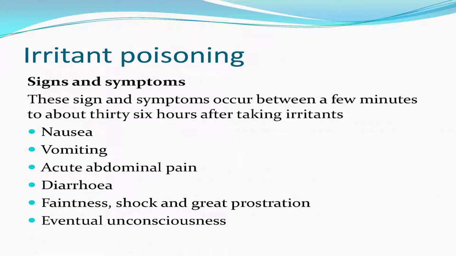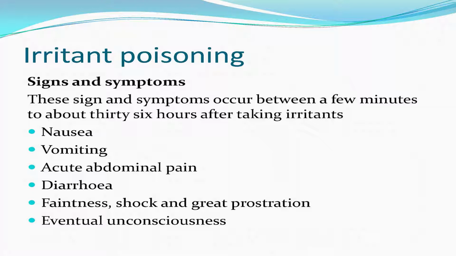We have vomiting. Why is there nausea and vomiting? Because irritant poisons act on the alimentary canal. Nausea and vomiting are activities of the alimentary canal. Acute abdominal pain, still on the GIT. Diarrhea, still on the GIT. Faintness and shock and great prostration.